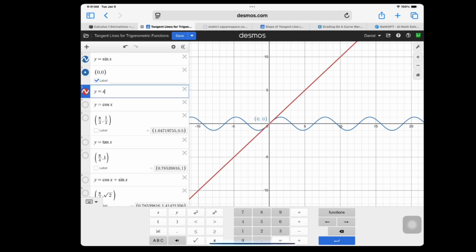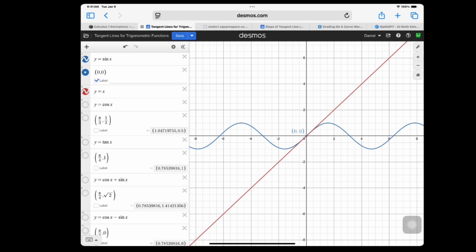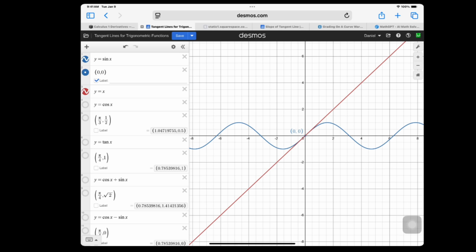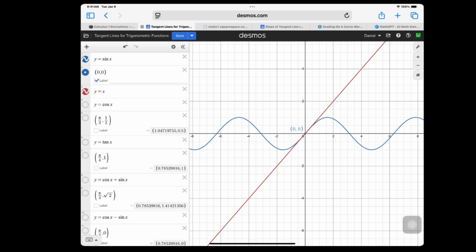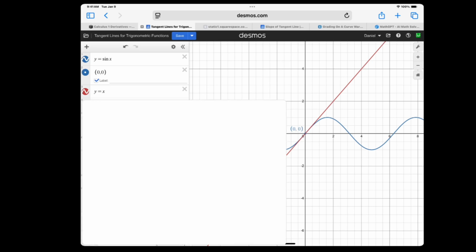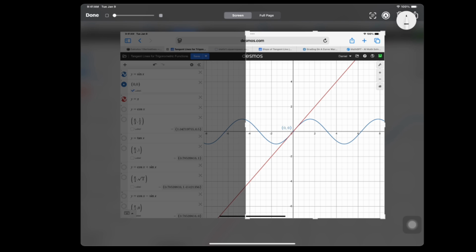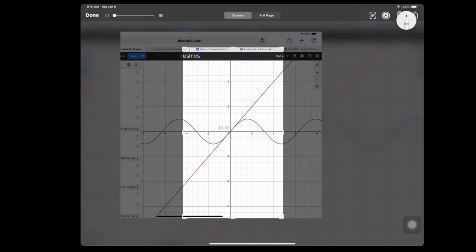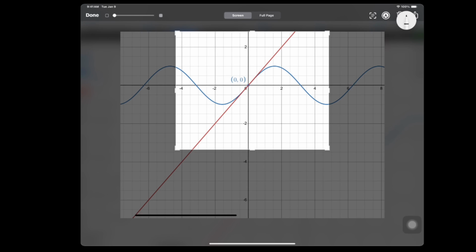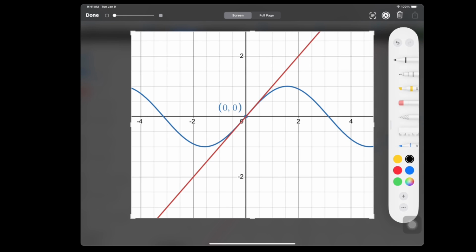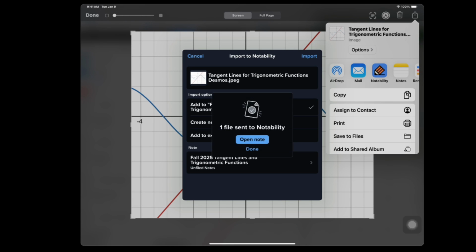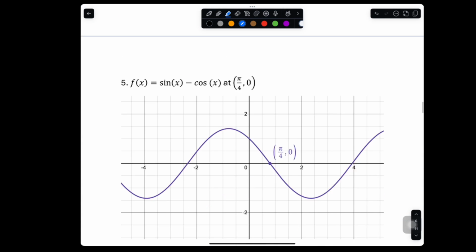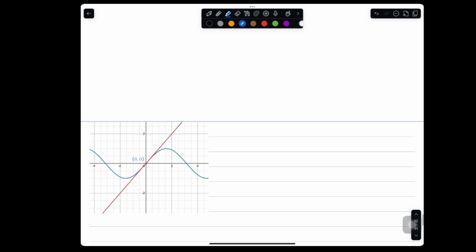Y equals x. And sure enough, ladies and gentlemen, what do you guys see? That's the equation of the line tangent to the curve at the origin. And that's exactly the same curve that I drew for you guys. So, I can show off a bit, maybe, bring this in. And it's going to be way at the bottom, which is what I don't want to do, but okay.